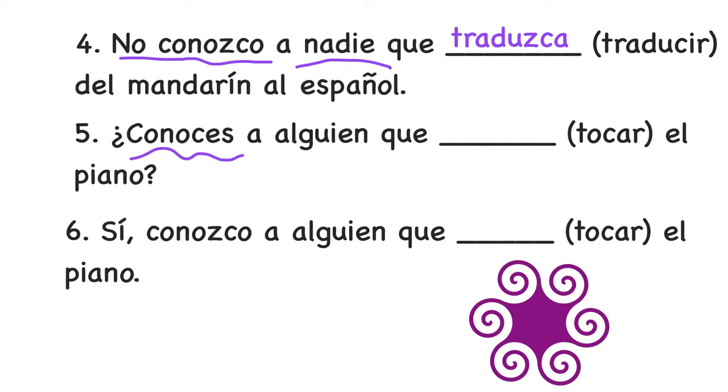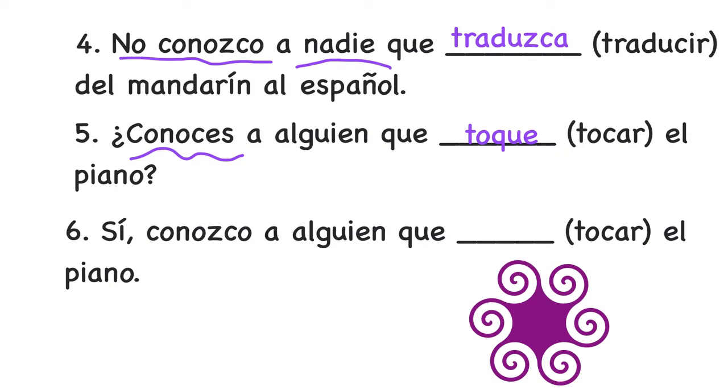It means we don't have the information. Therefore, we're going to conjugate yes in the subjunctive. ¿Conoces a alguien que toque el piano? Okay, why? Because it's a question, and we don't know the answer. We are looking for the answer, so we use the subjunctive.